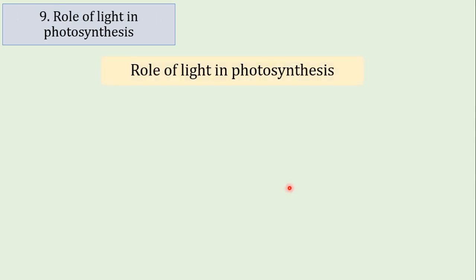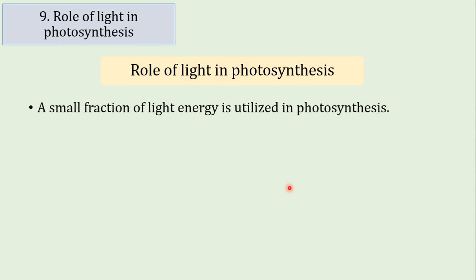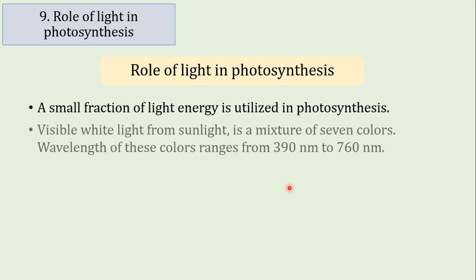Now we will understand about the role of light during photosynthesis process. Of the incoming sunlight that falls on the plant leaves, only a small fraction can be utilized to perform photosynthesis, and the rest of the sunlight is reflected or refracted, and that is wasted.